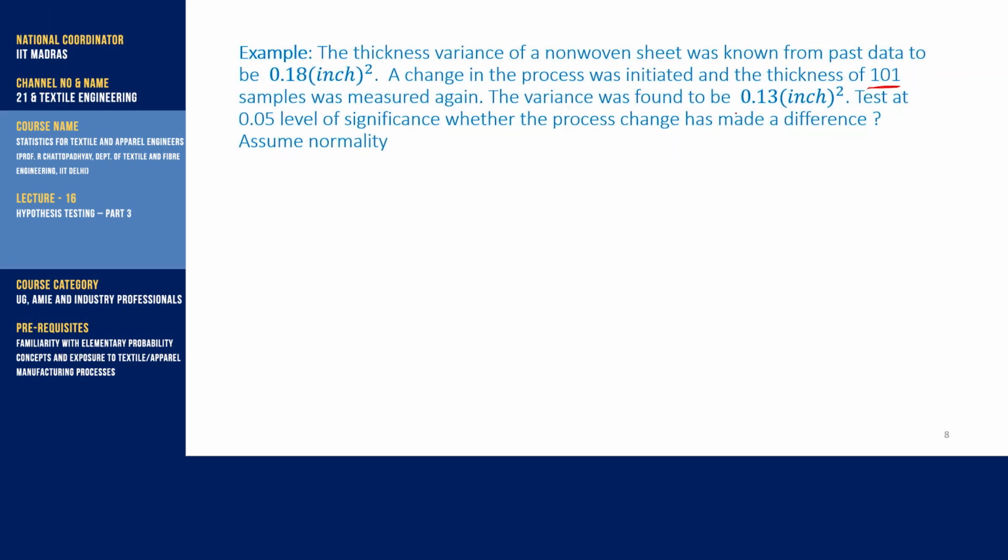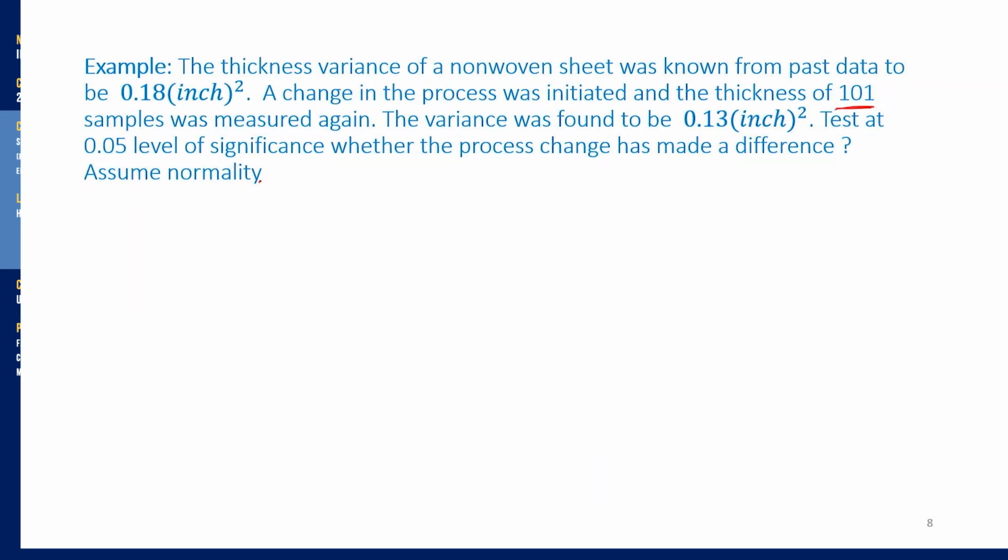Again, the variance was found to be 0.13 inches square. Test at 0.05 level of significance whether the process change has made a difference. Assume normality. This is the question which is asked.